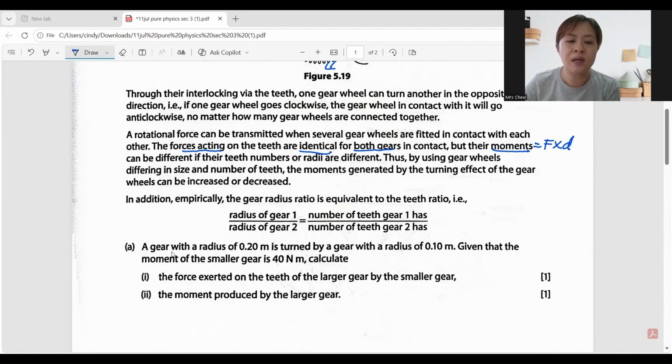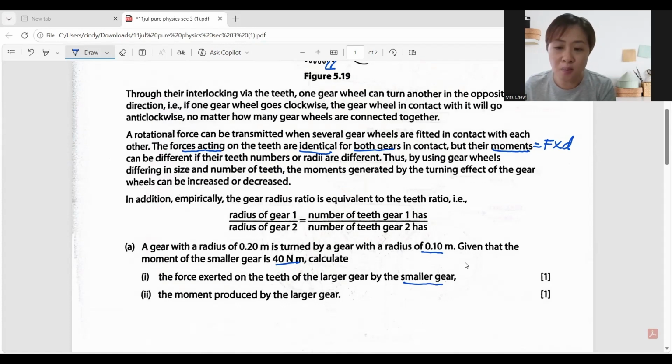So a gear has radius 0.2 meter and is turned by another gear with 0.1 meter. Given that the moment of the smaller gear is 40 Newton meter, which one is the smaller one? This one, right? Find the force exerted by the smaller gear.